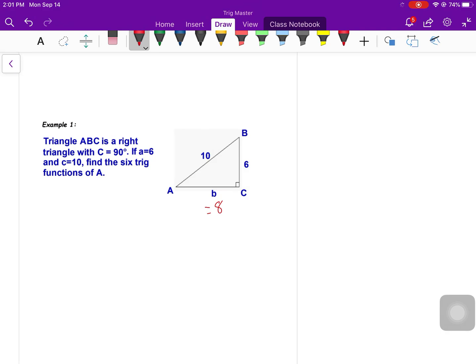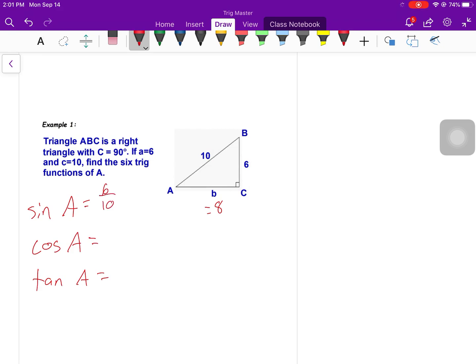This is just a double of a 3, 4, 5. So 6 is twice 3, 8 is twice 4, 10 is twice 5. So I've got those 3 side lengths. Now I can go and find the 6 trig functions from A. I'll start with these 3 right away. Sine A, opposite over hypotenuse, is 6 over 10.